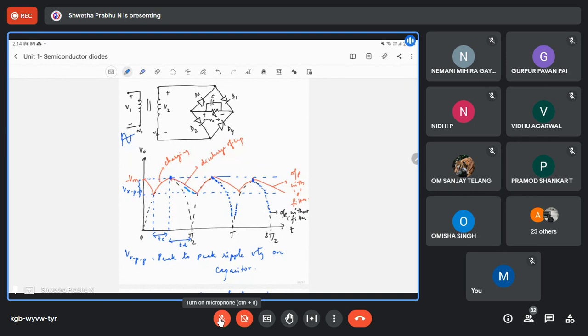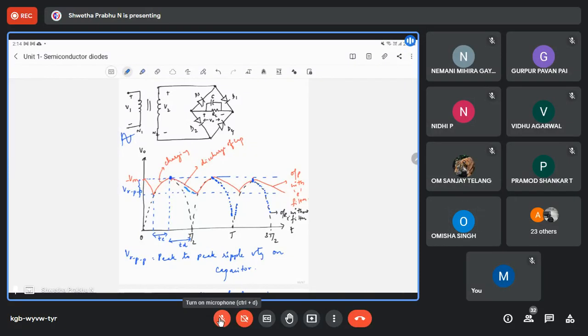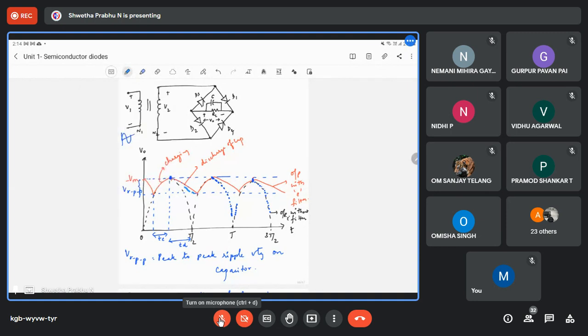Coming to the negative half cycle, as soon as diodes D3 and D4 start conducting, the capacitor charges to peak value Vm. And as soon as the secondary voltage falls below Vm, the capacitor starts discharging, and this cycle repeats.